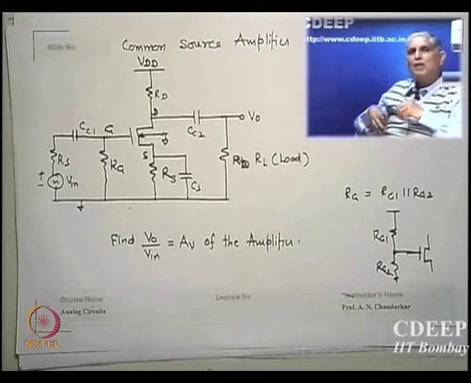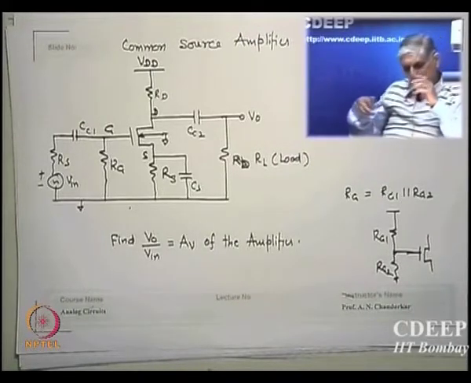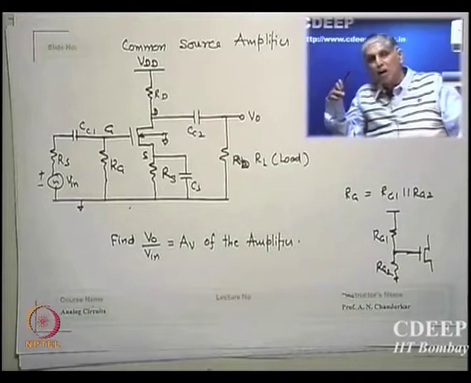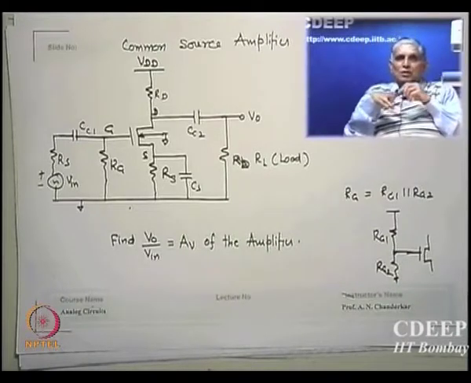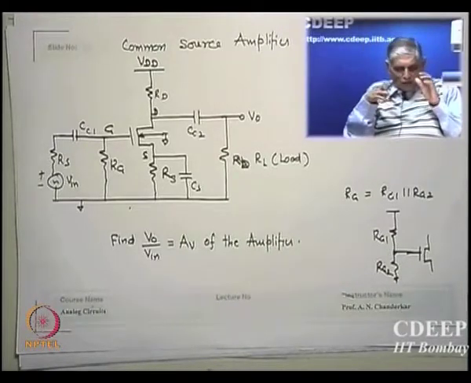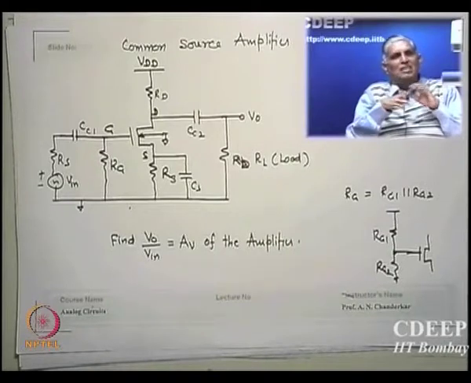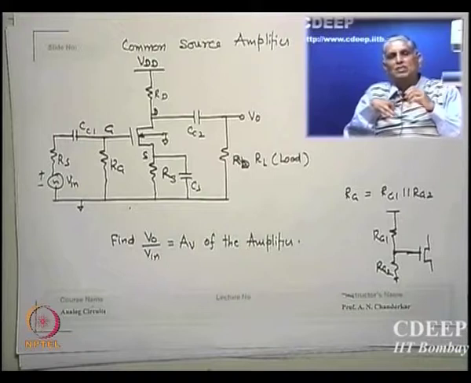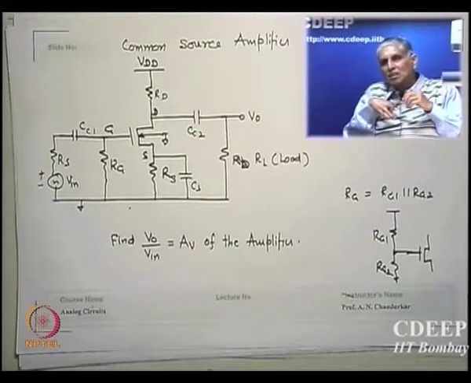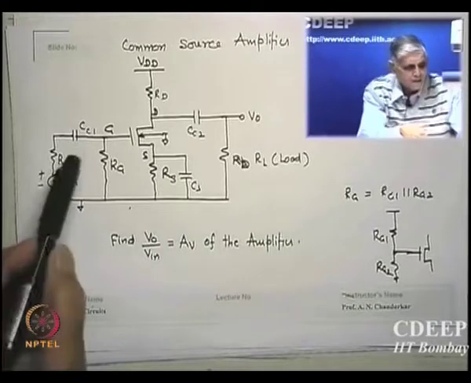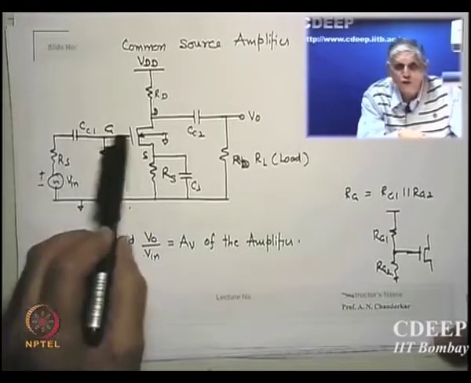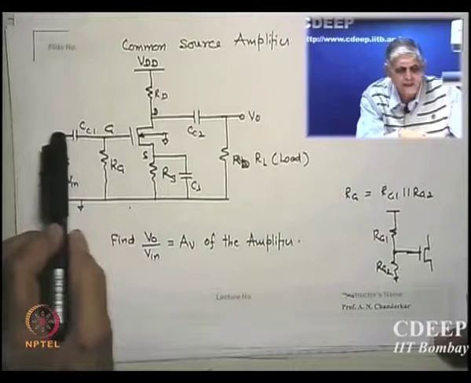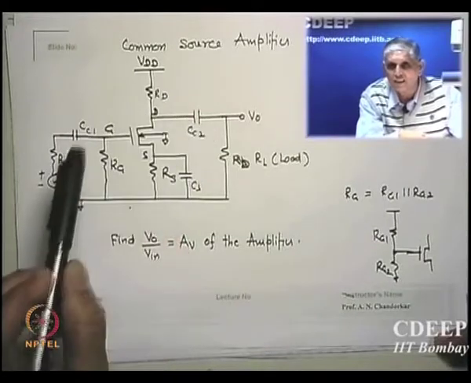So what should their value be? 1 upon omega C should be very high for DC, it will always be an open circuit. But for lower frequencies or moderate frequencies, whenever there is an AC signal it should get in. So what should be the impedance offered by these?